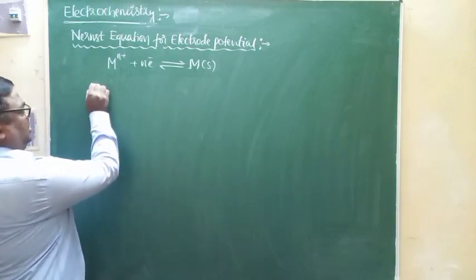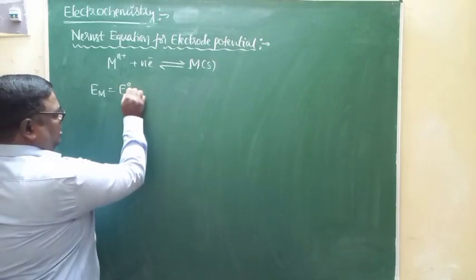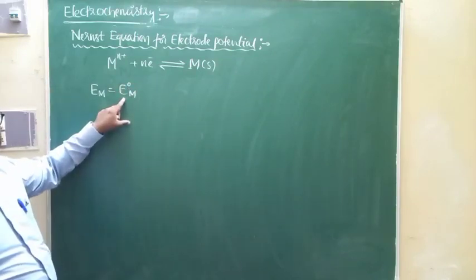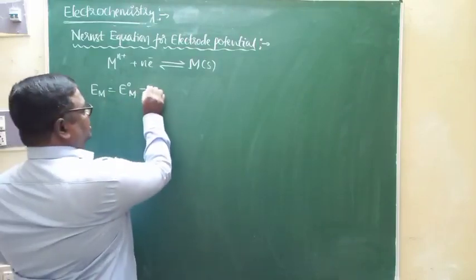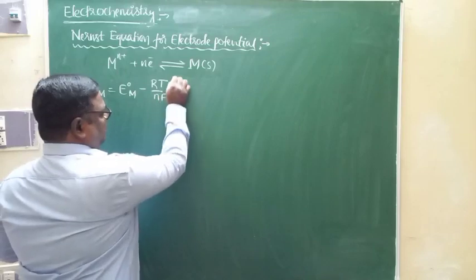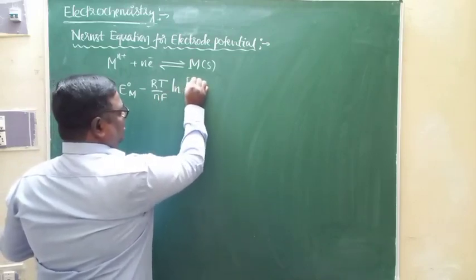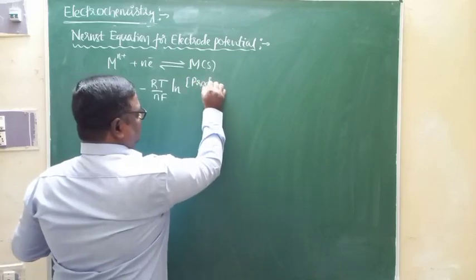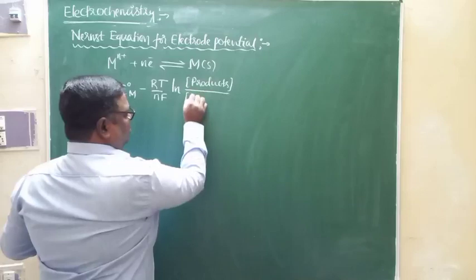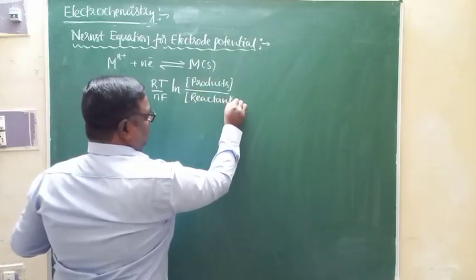That is, electrode potential E_M is equal to E naught M, the standard electrode potential of the given metal electrode, minus RT by nF ln of the molar concentration of products of this particular reaction divided by the molar concentration of reactants of the above reaction.